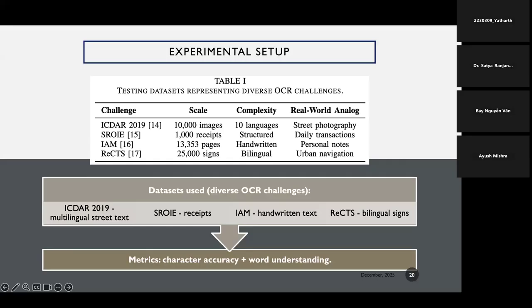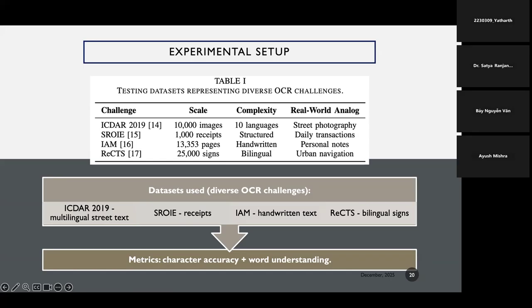First, we have the IAM dataset. This is a collection of handwritten personal notes, right? Why is this here? Because as we discussed earlier, if the model can decipher these scripted notes, it is ready to tackle the ultimate boss, the doctor's handwriting on patient charts.